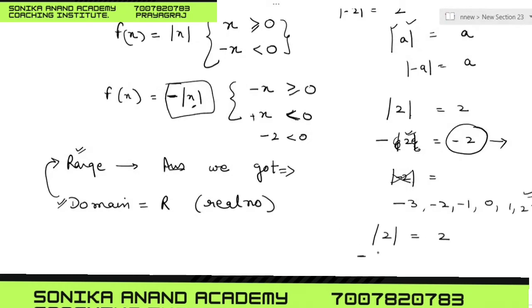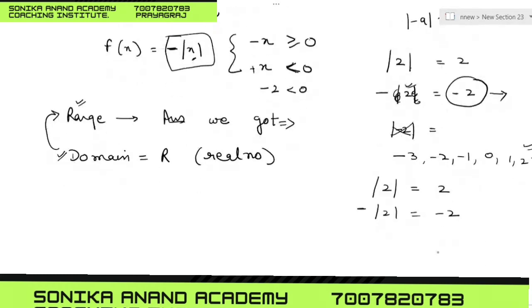Now here it is minus, so its answer is minus 2. Clear, Hitika? If I put minus 2, then again its answer is 2, but we have the minus sign outside, so its answer again becomes negative. So each and every time we get negative values in the answers.